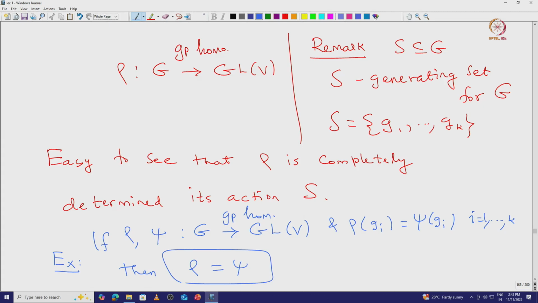Given the fact that rho and xi are group homomorphisms to begin with and they agree on the generating set, we can immediately say that rho is the same as xi. So, rho is completely determined by its action on S.